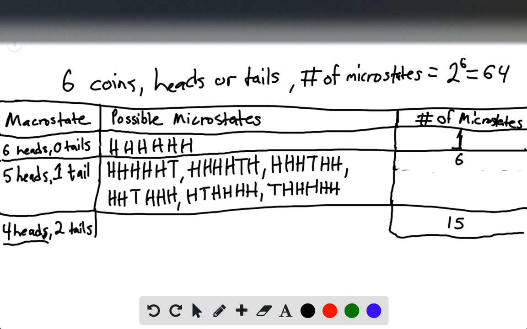So we have heads, heads, heads, heads, tails, tails, and then we can have heads, tails, heads, heads, tails, heads.